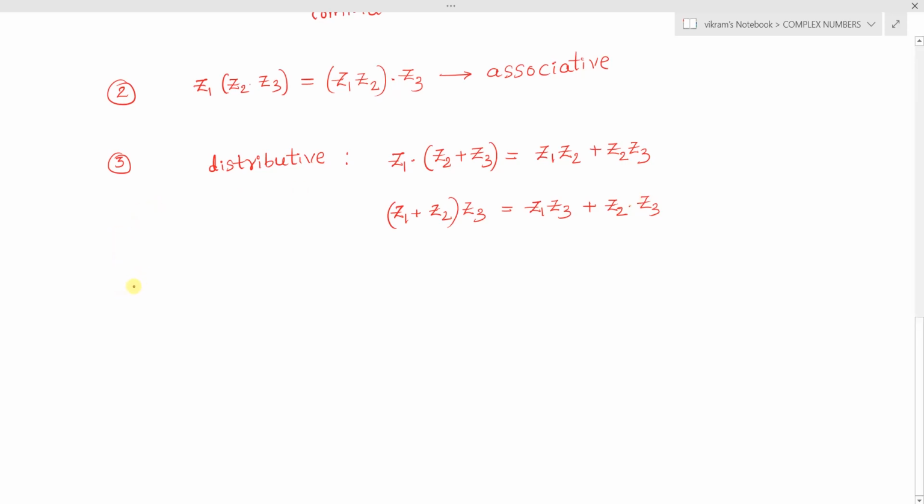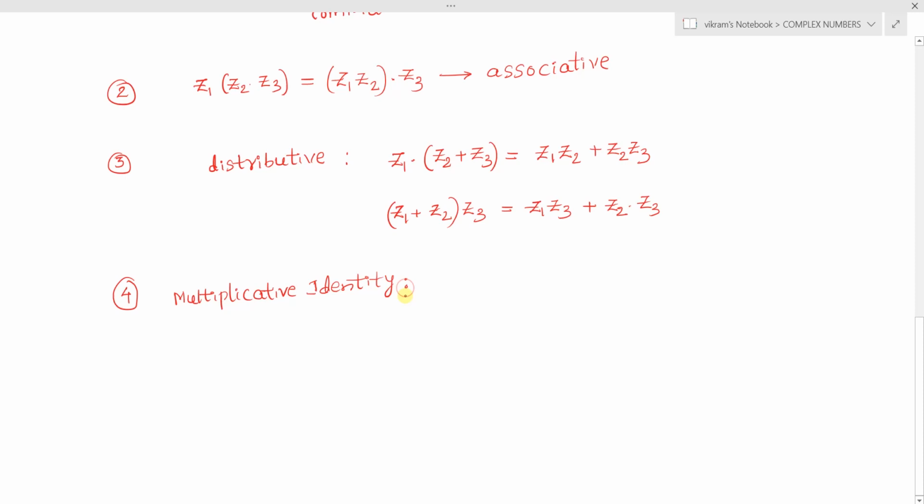Next, like the additive identity, in multiplication we will have the multiplicative identity. So what is this multiplicative identity?